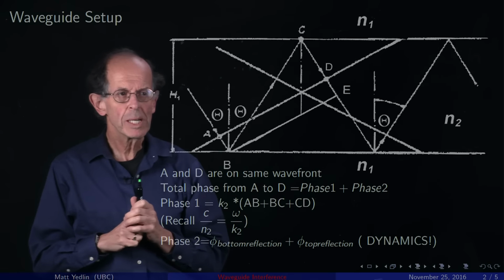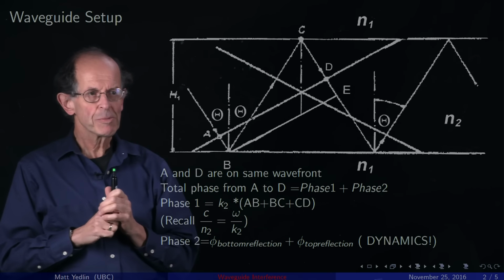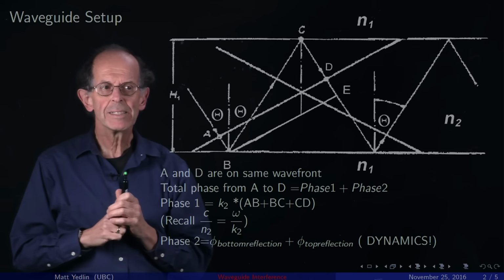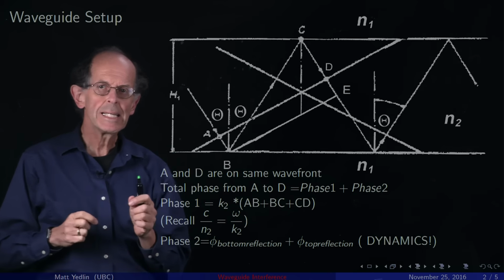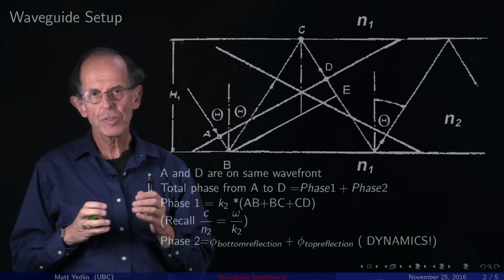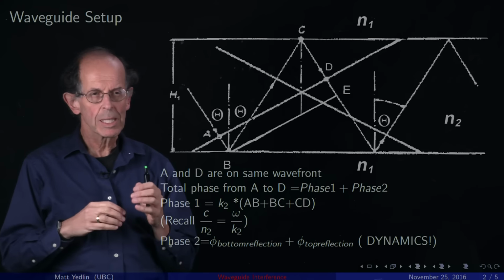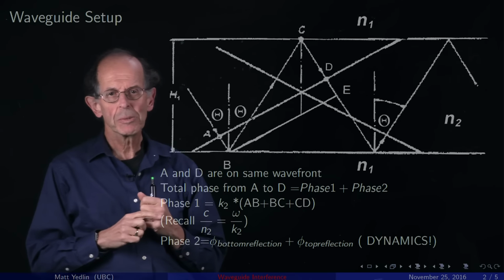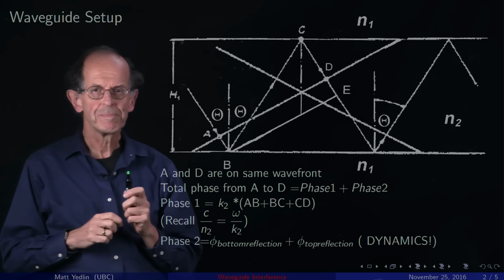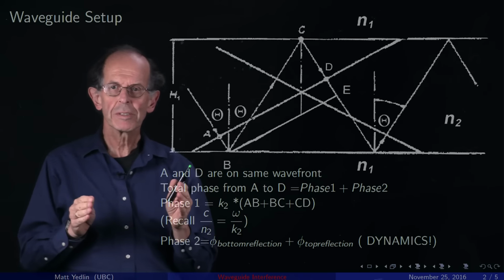And remember what the indices of refraction mean. C over N, in this case N2, is the speed inside the middle layer, and that's equal to omega over K2. That's one component to the phase.